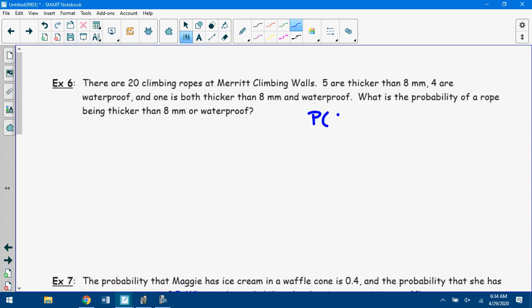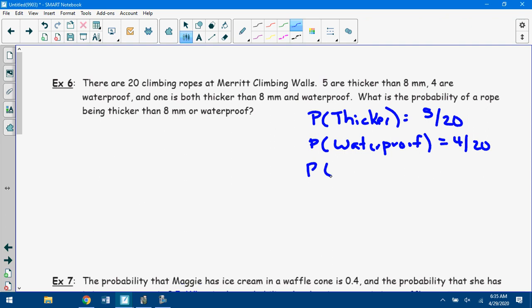Probability that thicker is, there's 5 out of the 20. I'm just going to reduce at the end. Probability that they're waterproof, that's 4 out of the 20.